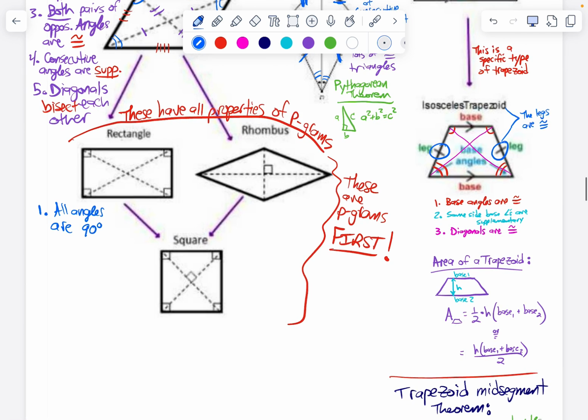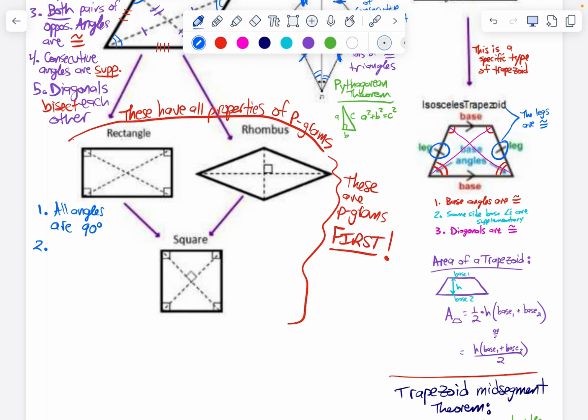And then the other property has to do with the diagonals. So what do you think is true about them? We already know something about them right up here. We know they bisect each other because it is a parallelogram first. But what else is true about these?